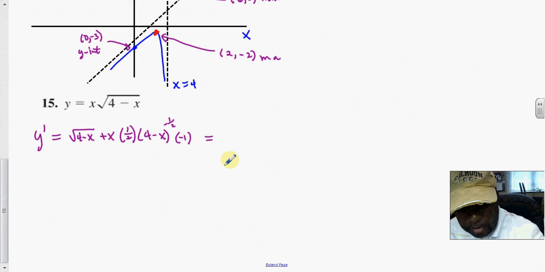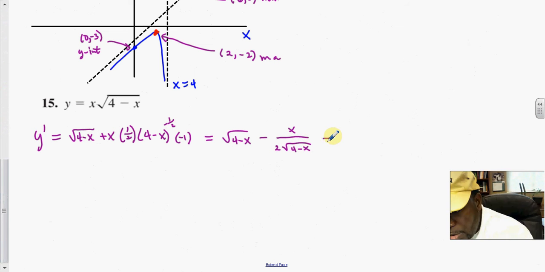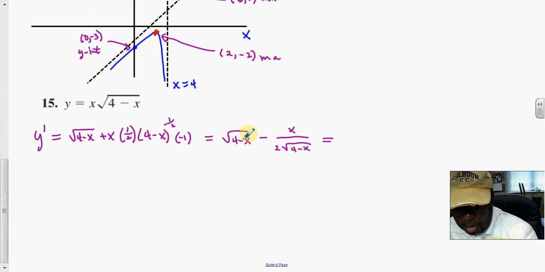We simplify this. So this is the square root of 4 minus x minus x over 2 times the square root of 4 minus x. We combine these two terms here. So we multiply this term by the numerator and its denominator by 2 times the square root of 4 minus x.